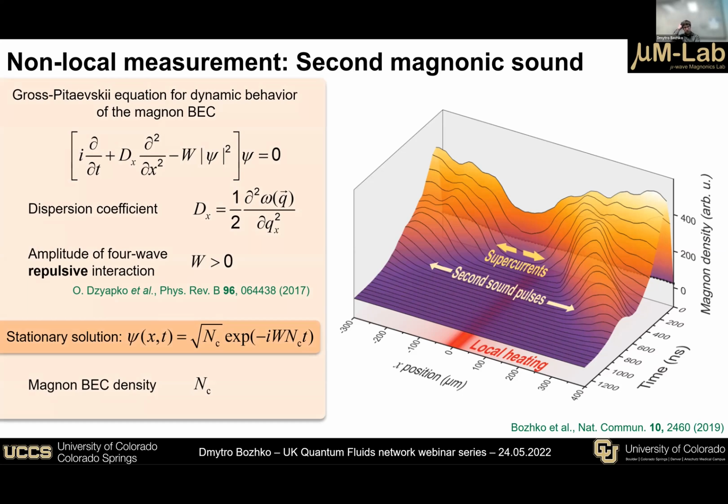In order to model it, we use the Gross-Pitaevskii equation, and here the dispersion comes in handy, which I showed you at the beginning of the talk, where the dispersion looked like a saucepan. The dispersion in the direction perpendicular to the magnetic field is steeper than along it.